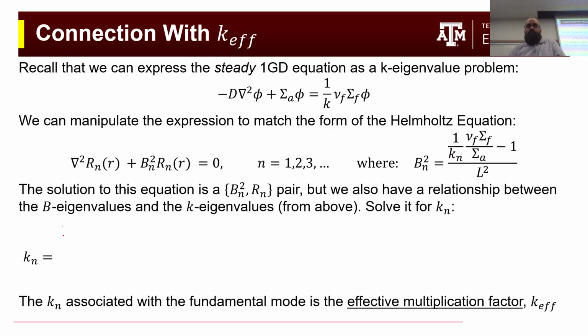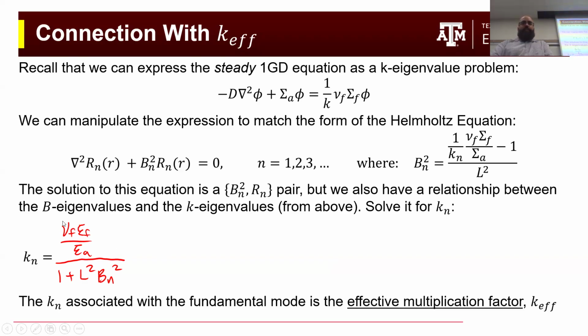The first one would look like nu f sigma f over sigma a, and then all of that is over 1 plus L squared times Bn squared. Doing some algebra to get Kn by itself would lead me to something that looks like this.